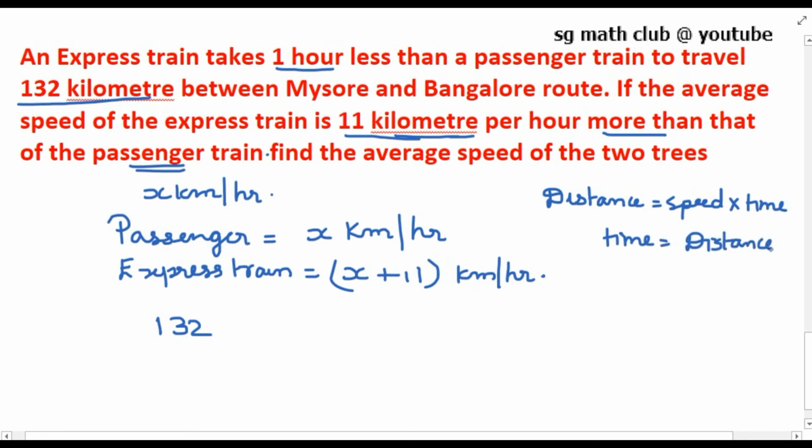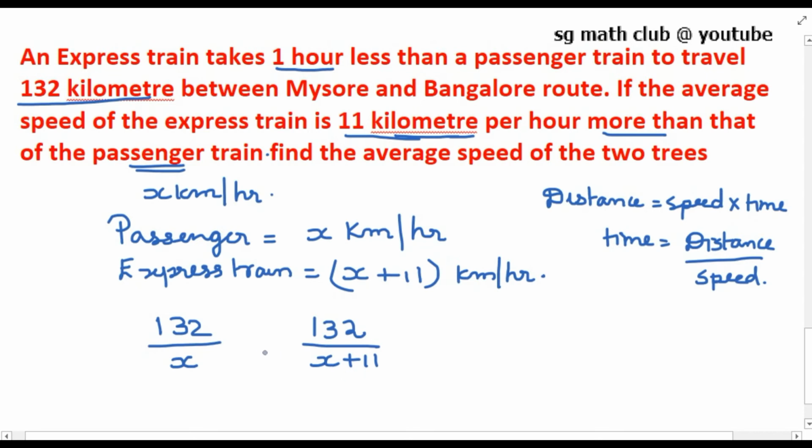The time taken by the passenger train is 132 by x, because distance is 132 and speed is x. Now the time taken by the express train will be 132 divided by x plus 11. Distance is same, 132, and it has got more speed, so it is x plus 11.